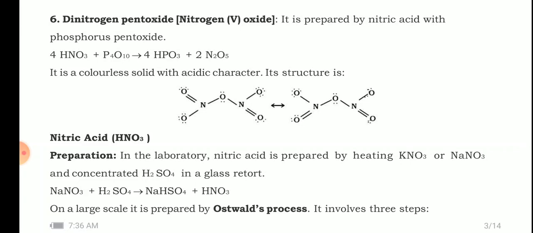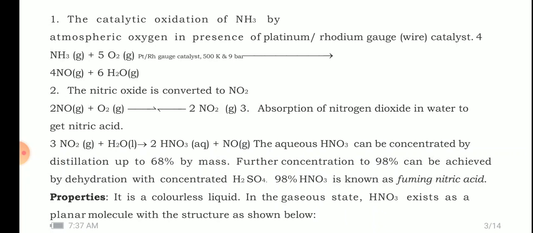It involves 3 steps. The first step is the catalytic oxidation of ammonia by atmospheric oxygen in presence of platinum or rhodium gauze catalyst, where ammonia reacts with oxygen to give you nitric oxide and water. In the second step, the nitric oxide is converted to nitrogen dioxide, so when nitric oxide is treated with oxygen, it forms nitrogen dioxide.